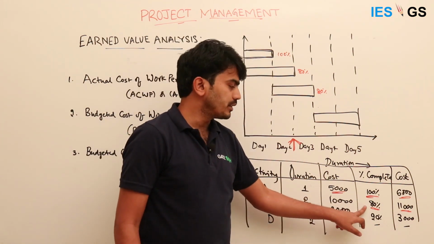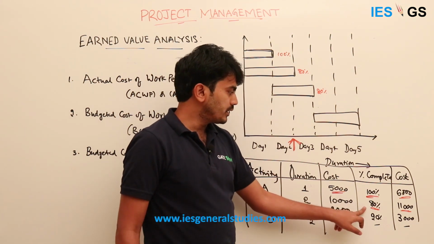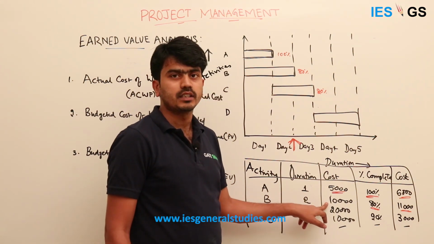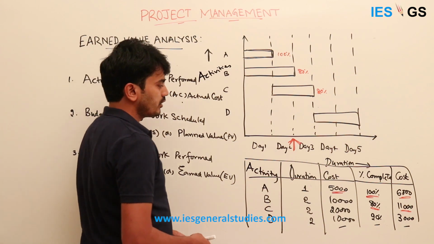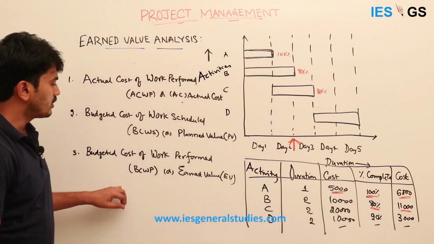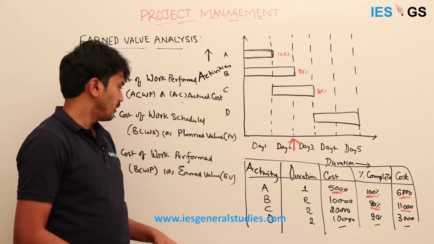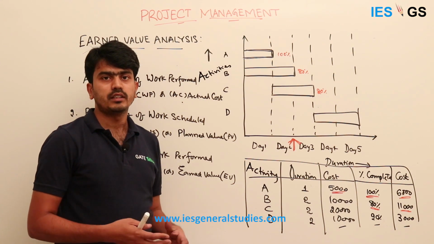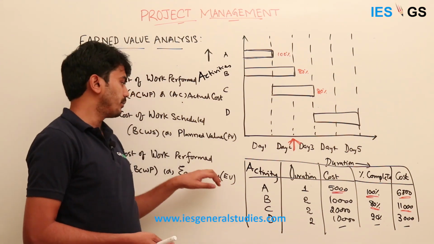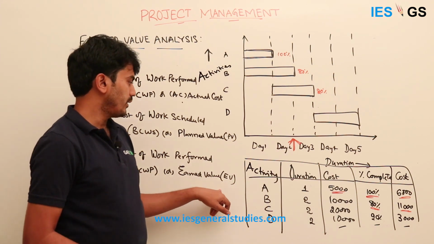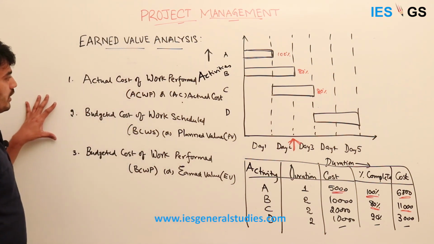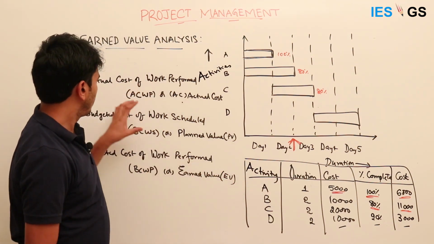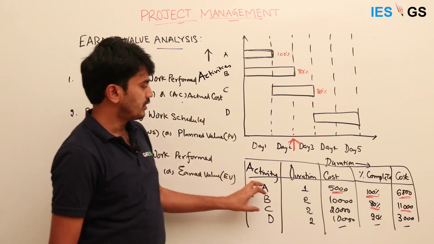Out of 100%, only 80% is the work performed, and for the 80%, the budgeted cost is only 8,000. So 80% of 10,000 is 8,000. So this is also called earned value. Whatever work we have performed, what is the earning on that work, what is the value that we got from that work performed, that is the earned value. These are the three terms that we will be referring to, and let us calculate these values for these activities now.